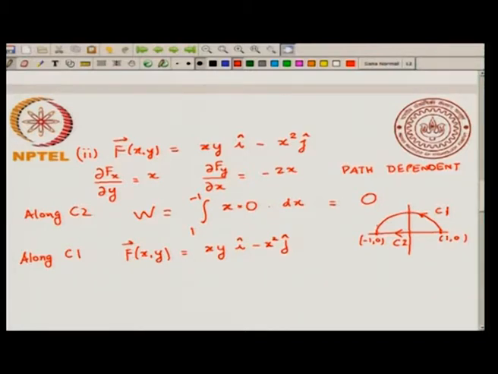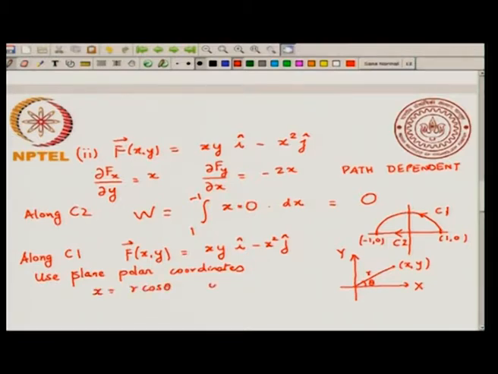So what you have to do is go to polar coordinates, in this case plane polar coordinates. You go from x and y to r and theta. So instead of describing a point by x y, you describe it by r and theta, and you use x equal to r cos theta, y equal to r sin theta.